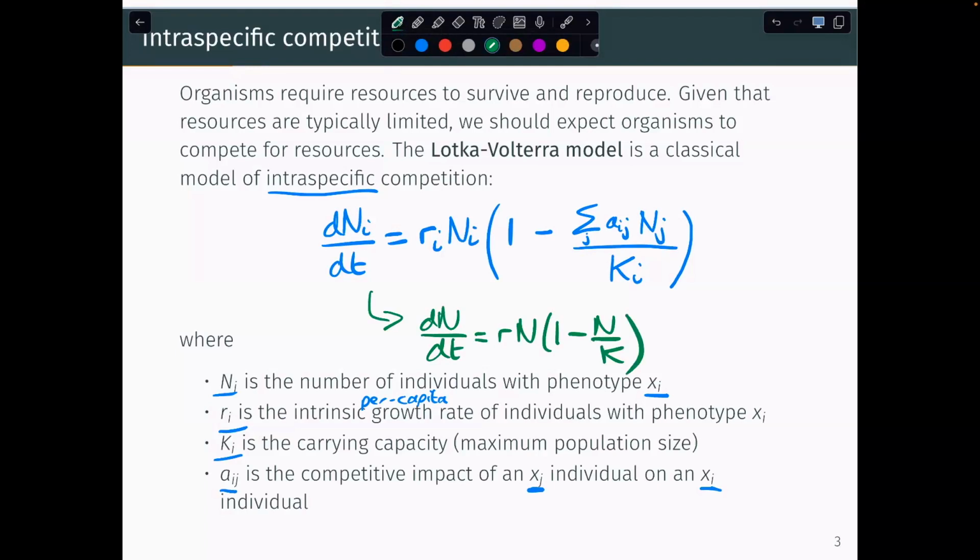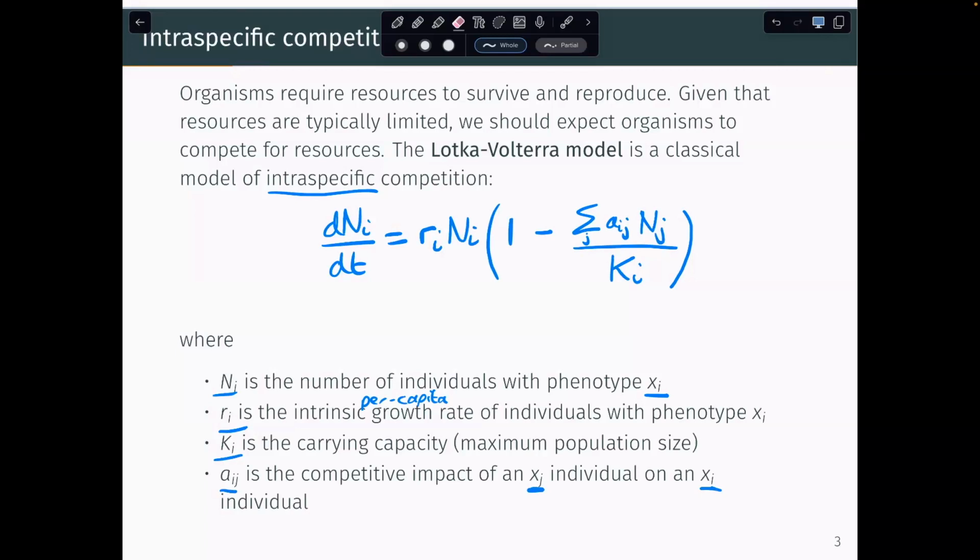Okay, so when there's just one species here, this model collapses down to your classic logistic growth. When there are more species there, we end up with this Aij term potentially being greater than 1, depending on the scenario. It could be less than 1 as well. This tells us something about, and we'll get more into this in future lectures, the degree of overlap between the resources that individuals from phenotype i and j might use.